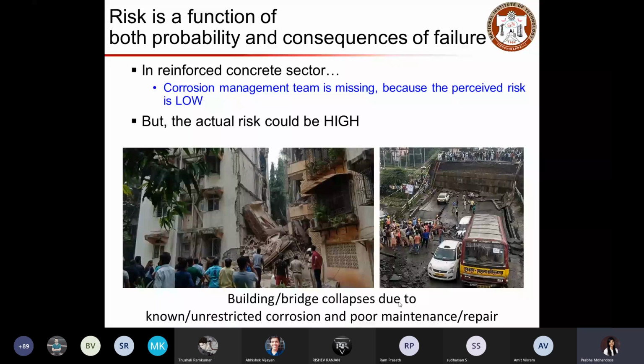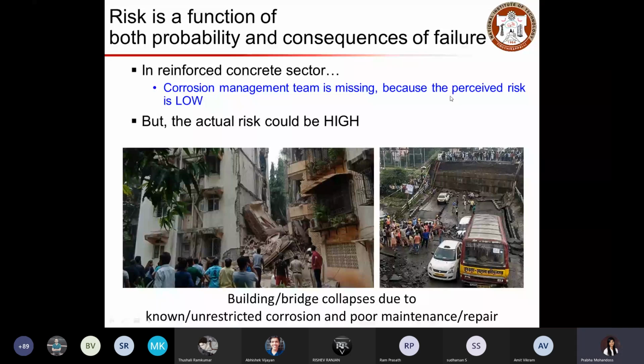So you can look at the risk involved, and how significantly it will affect the performance. That comes under the consequences of failure.